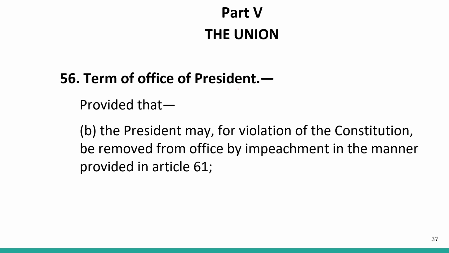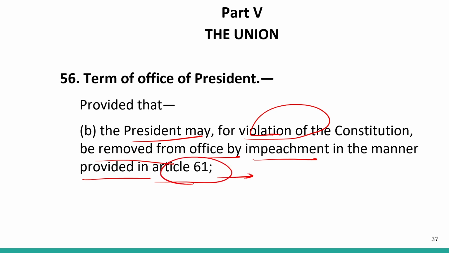And the second is that the president may, for violation of the constitution, be removed from office by impeachment in the manner provided in Article 61. But for your general knowledge, I would like to tell you that so far, no president has been impeached. Okay. So the procedure under Article 56, we are going to discuss that also.